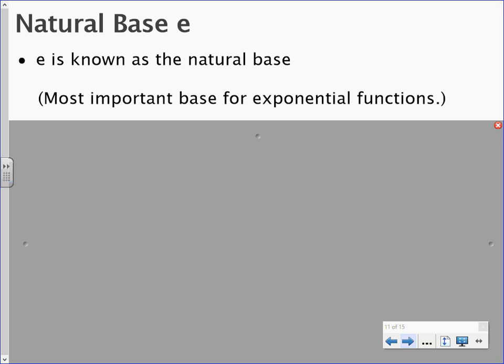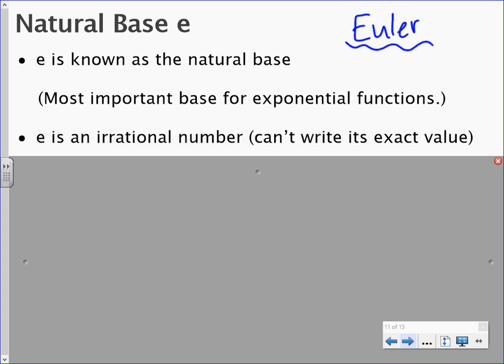It is actually not for exponential, but that was an excellent guess. It is Euler's number, E-U-L-E-R. He got to name a number after himself. He is that cool.